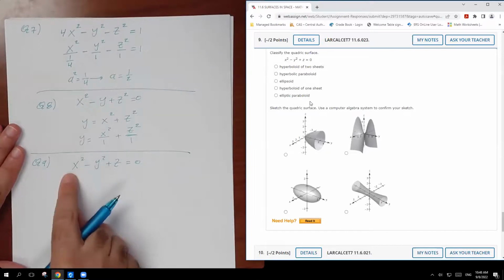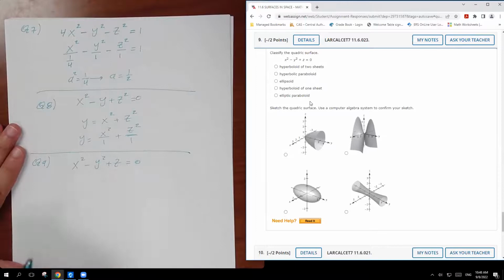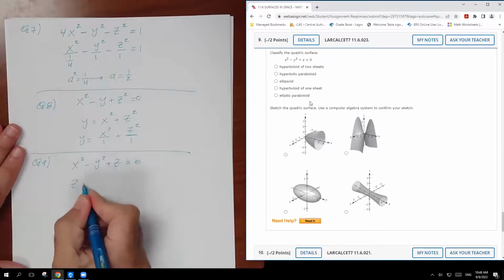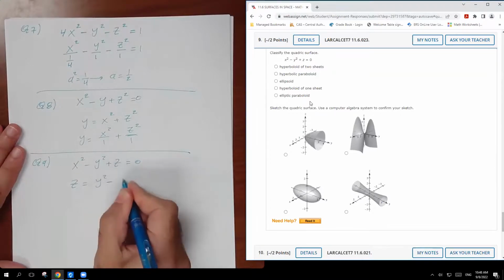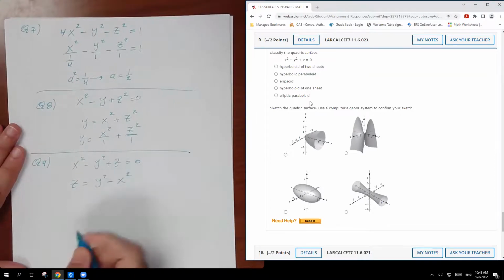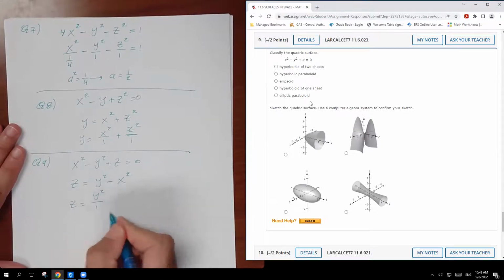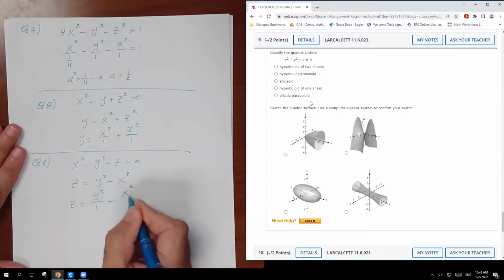So I'm going to move these two because I need to keep this one positive on this side. So it's going to be z equal y squared minus x squared. That means z is going to be equal y squared over 1 minus x squared over 1.